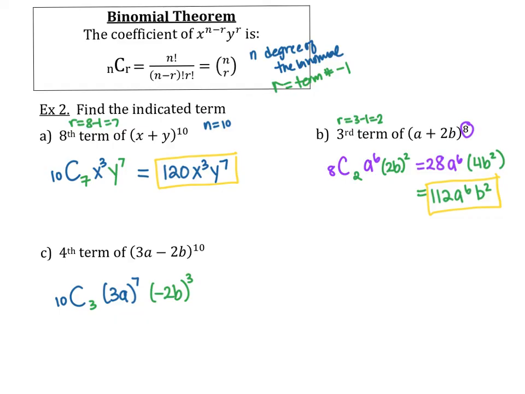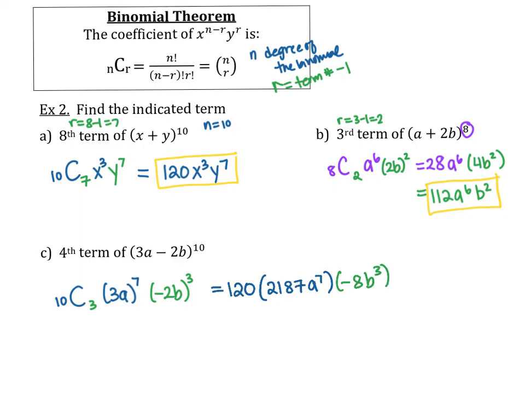I'm going to use my calculator to evaluate this one. 10 choose 3 is 120. Now 3 to the 7th, I'm putting in my calculator: 2187, a to the 7th, and negative 2b to the 3rd. Negative 2 to the 3rd is negative 8, b to the 3rd.